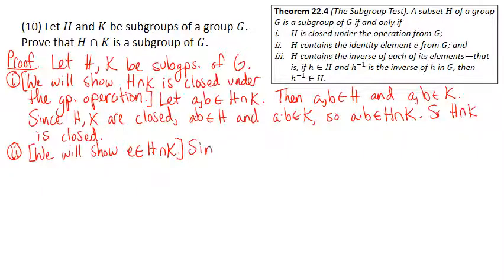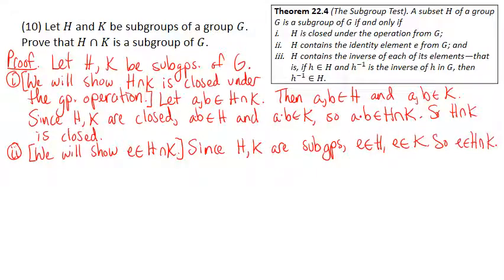Since H, K are subgroups, we have that e is in H and e is in K. So e is in the intersection, because all subgroups contain the identity. Okay, that was easy.